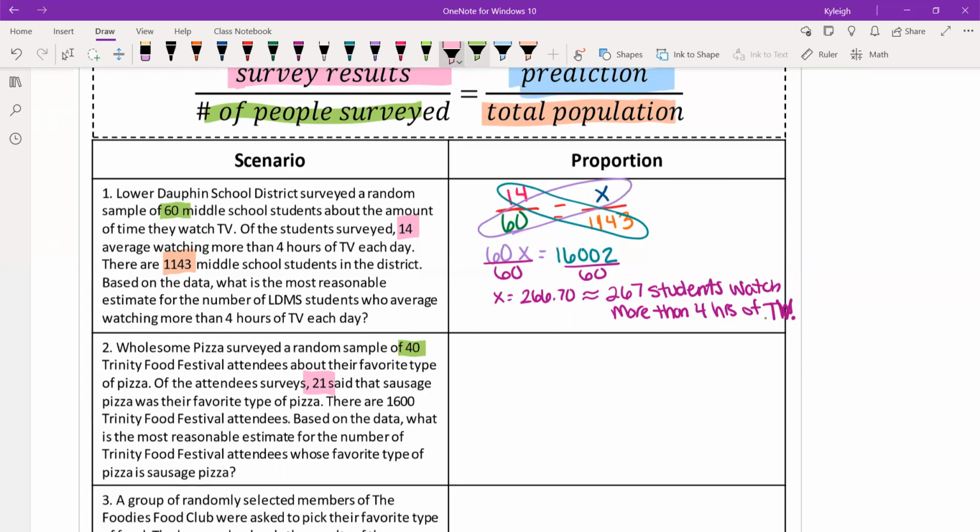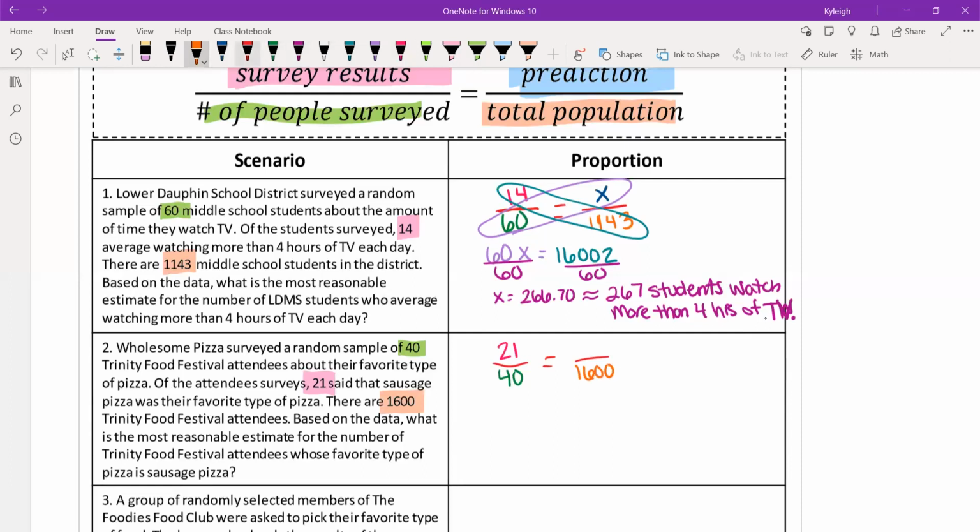There are 1,600 attendees, so that's our population, whose favorite type is sausage. So we're going to set up a proportion of those people surveyed. It's 40 people surveyed. Of those, 21 said they liked sausage, and there was a total of 1,600 people.